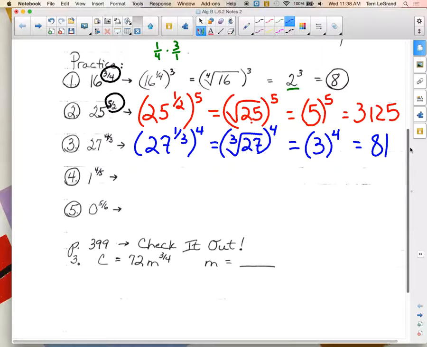Or, if you can't do that one, maybe you can figure this one out. Why, when the rational exponent, or our fraction, is greater than 1, does our answer turn out to be bigger than the base?